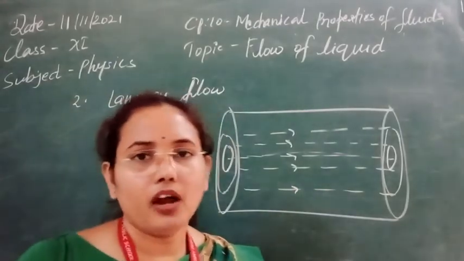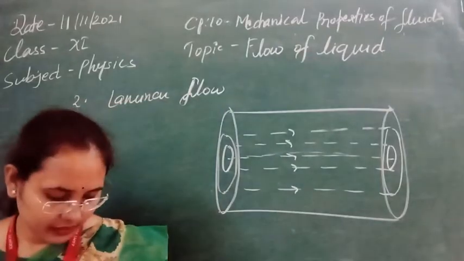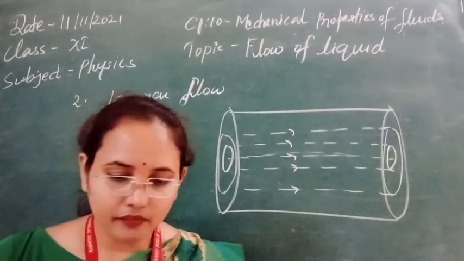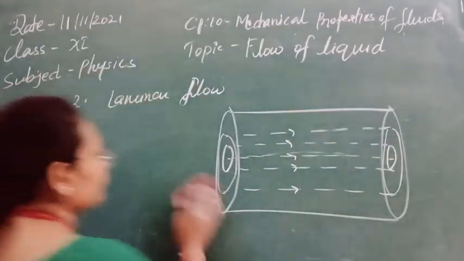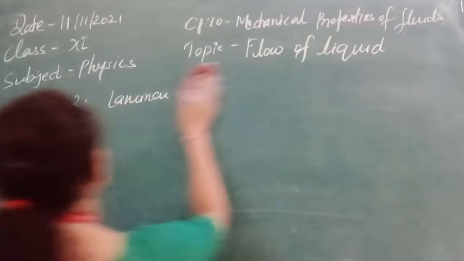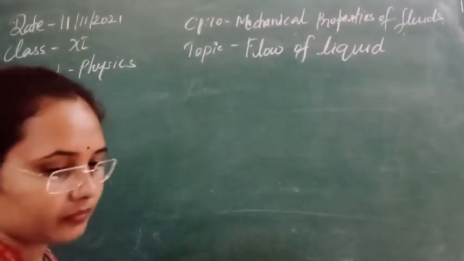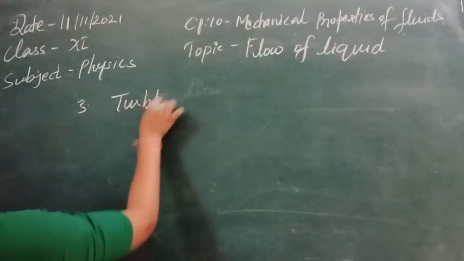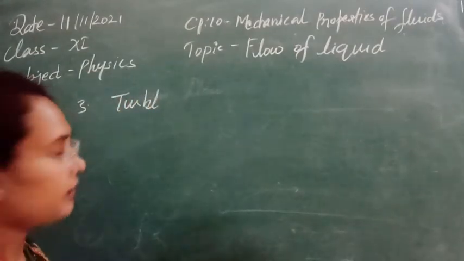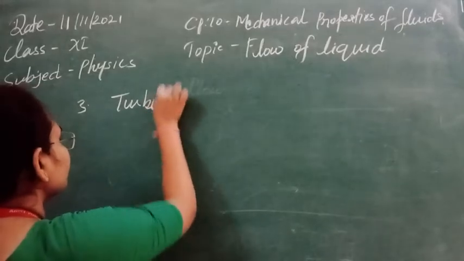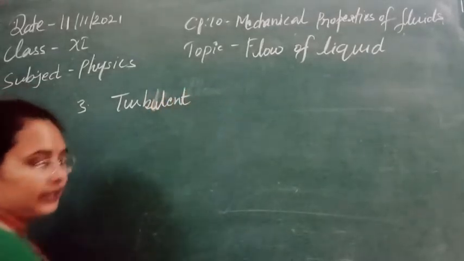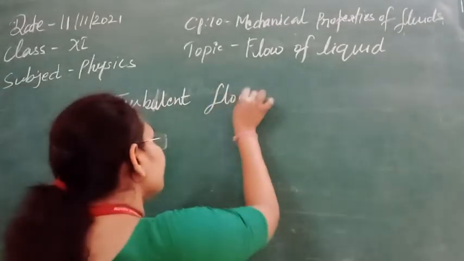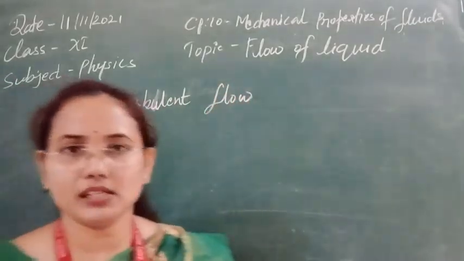The third type of flow of liquid that we can achieve is turbulent flow. So what is turbulent flow? In the case of turbulent flow, liquid layers start to cross each other.